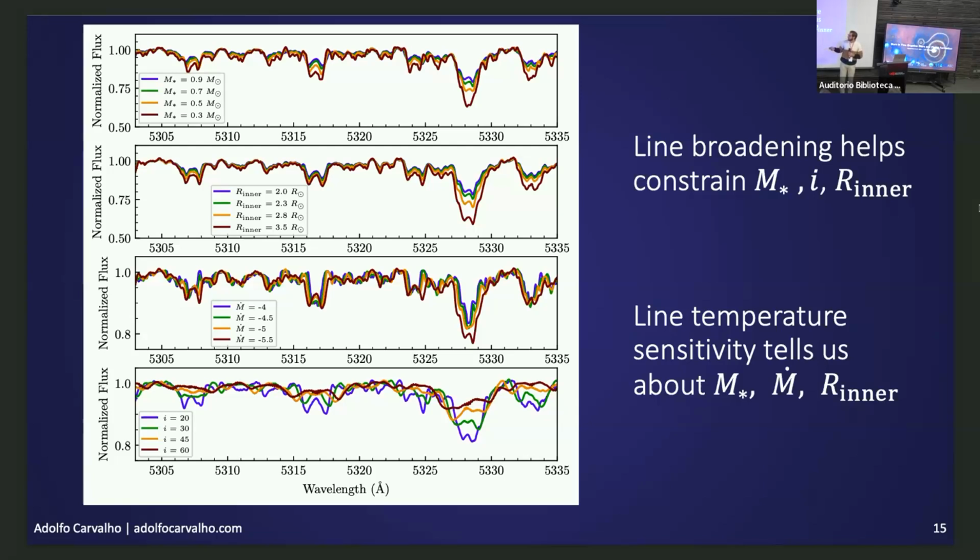So the actual ability to detect certain lines for different signal to noise levels of the spectrum, and the mass accretion rate and inner truncation radius have slightly different impacts on the line broadening as well. And this is stuff that I discuss in detail in my 2023 spectroscopy paper of V960 Mon if you're interested in seeing a little bit more about that.